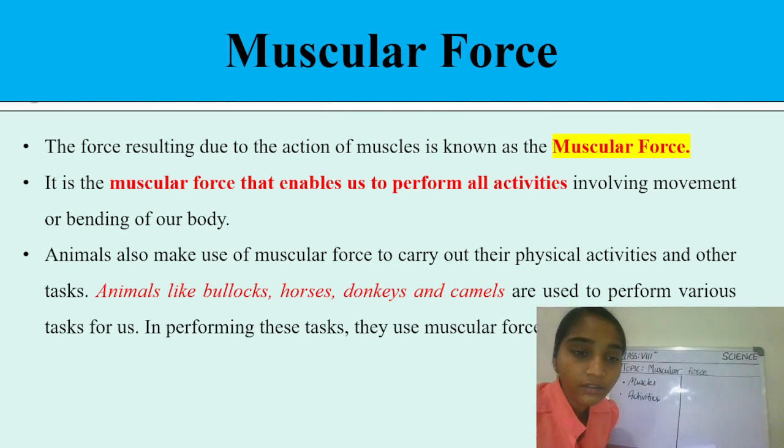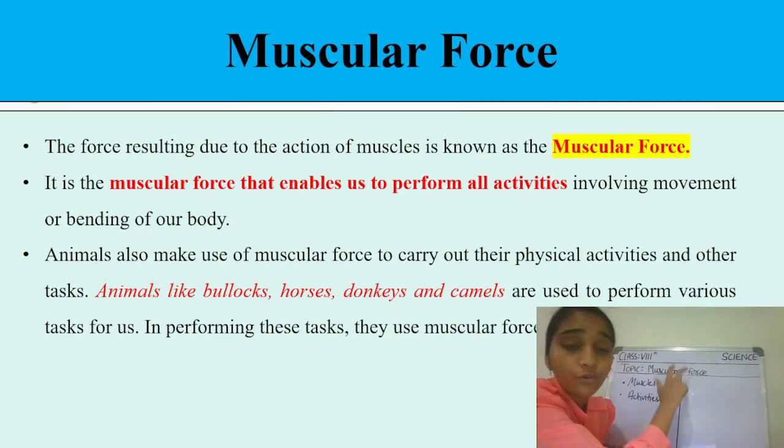Very good, students. So now you can say that the animals which we have seen also make use of muscular force to carry out their physical activities and other tasks. Like the bullocks, horses, donkeys and camels, they are used to perform various tasks for us. So in all these tasks, what is involved?